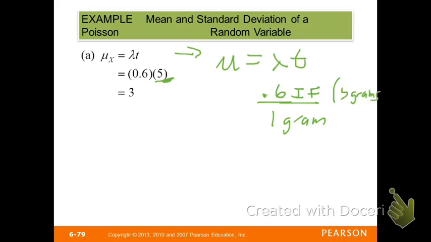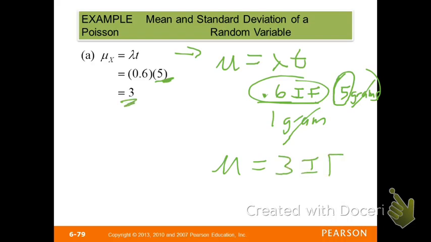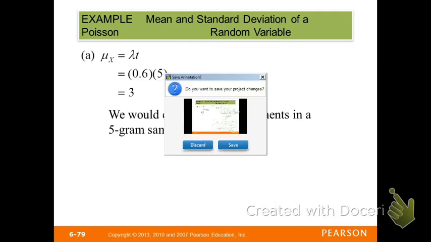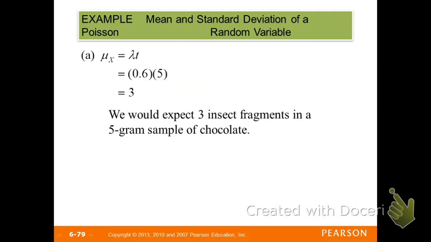I like to write the units because you can see grams canceling, and you can see what you're left with. So mu equals 0.6 times 5, which is 3, but look at the units on that, IF, insect fragments. So we would expect 3 insect fragments. That's what we mean by expected value. Okay? We would expect 3 insect fragments in a 5-gram sample of chocolate.